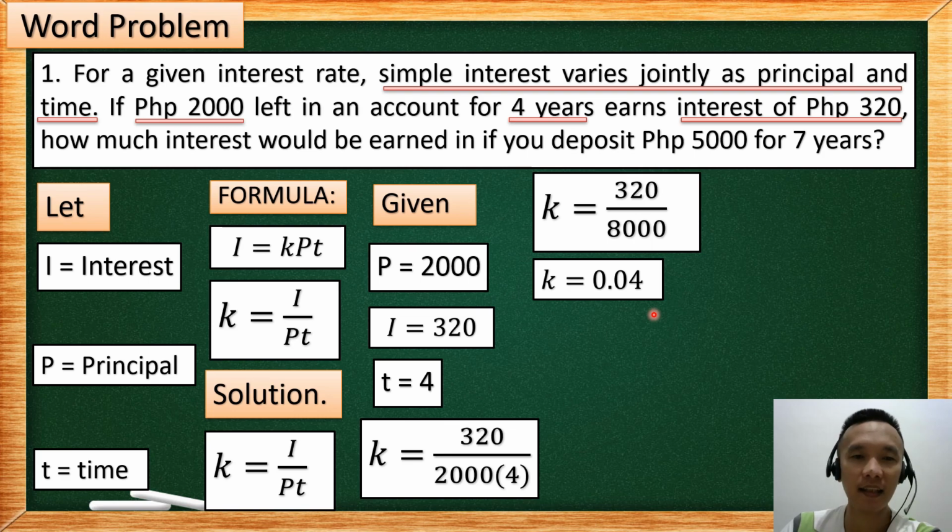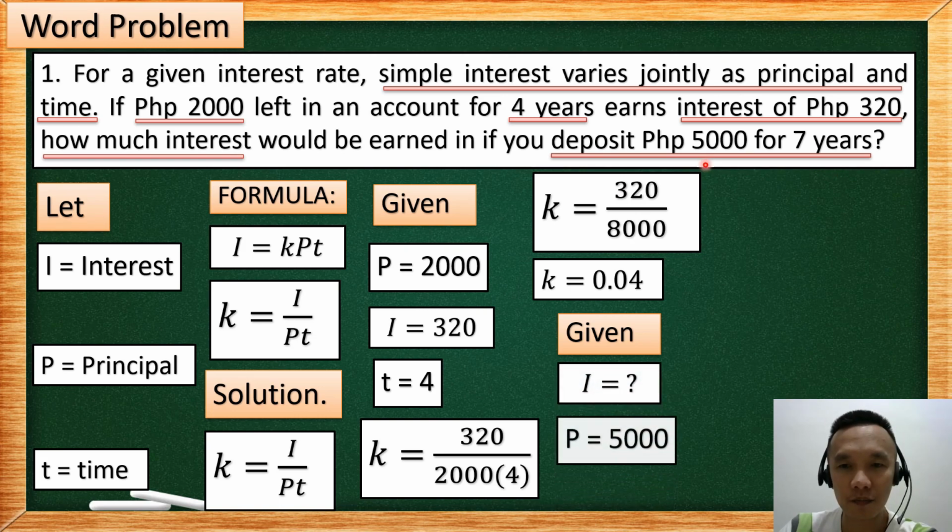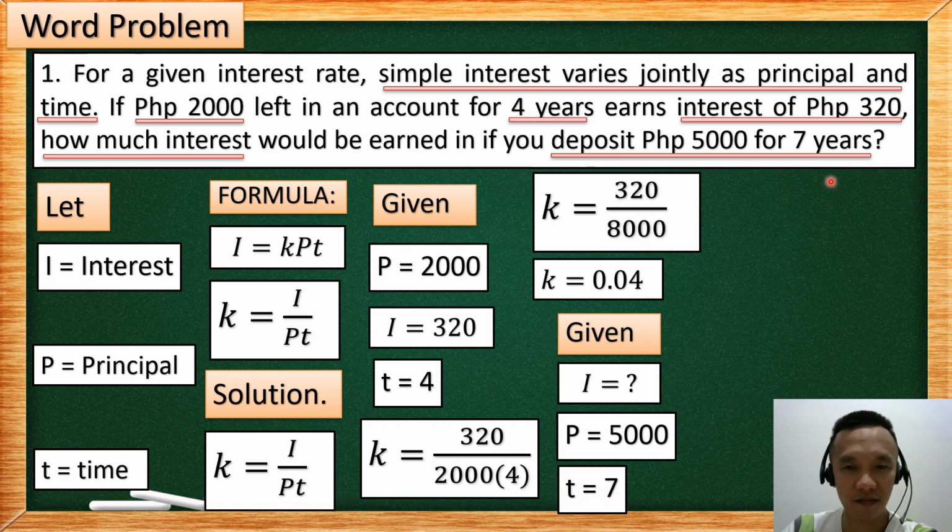Now, the next sentence asks how much interest would be earned if you deposit 5,000 for 7 years. So the missing here is our interest. Our principal now is 5,000 and our time is 7.